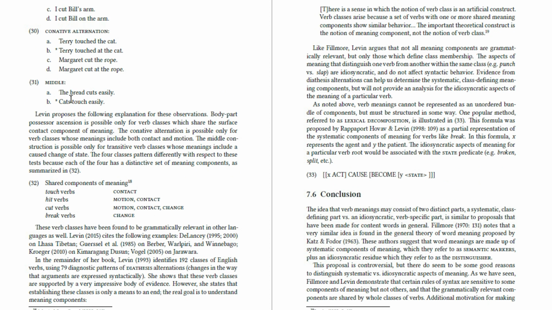If I ask you to give 3 examples about conative, middle and the body part, you can tell me the bread cuts easily or cats touch easily, and for conative, Terry touched the cat, Terry touched at the cat. So conative alternation is another example.